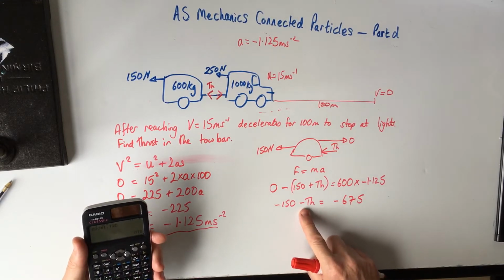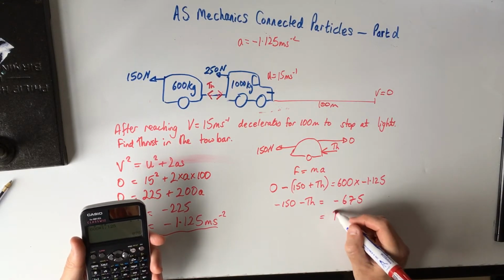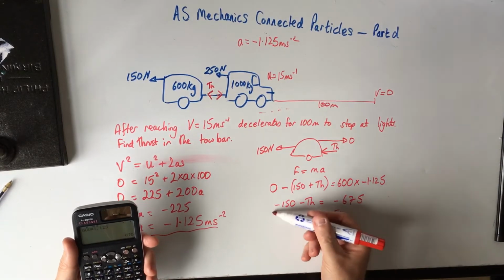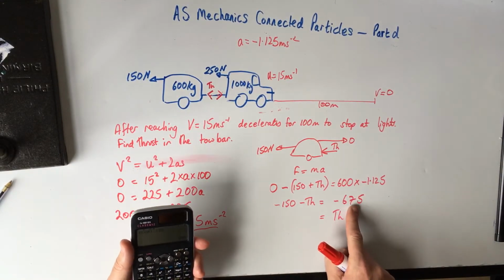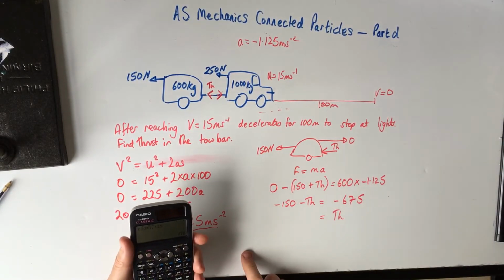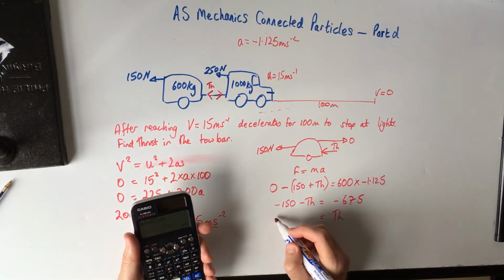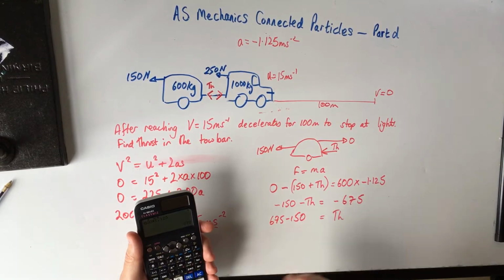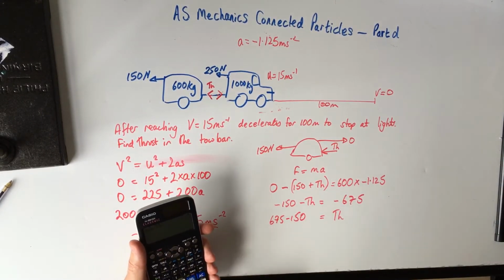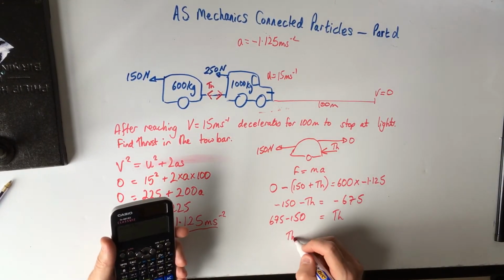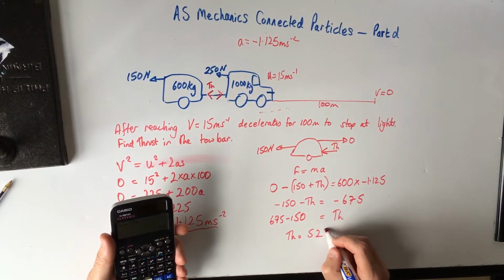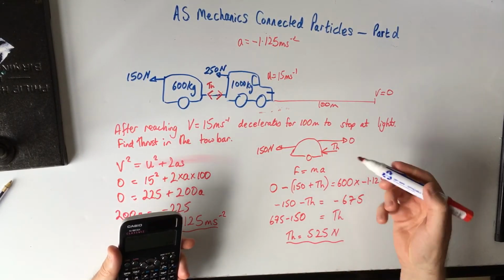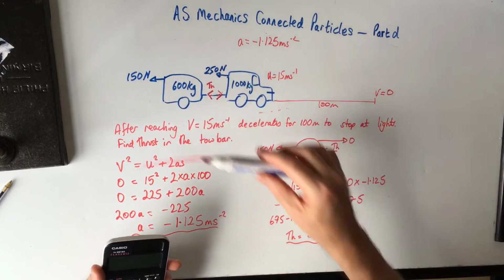Now if I take the thrust over there, because I want the positive, and then add that to that side, I've got 675 minus 150, and that gives me 525. So the thrust is actually 525 newtons, and there's 525 newtons pushing that way.